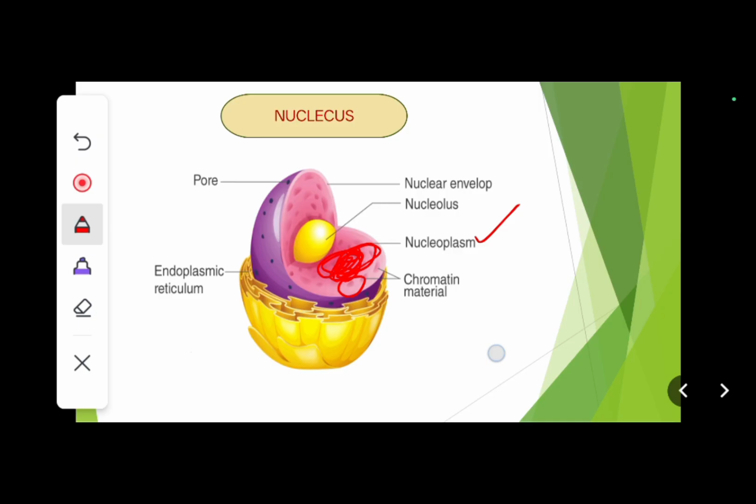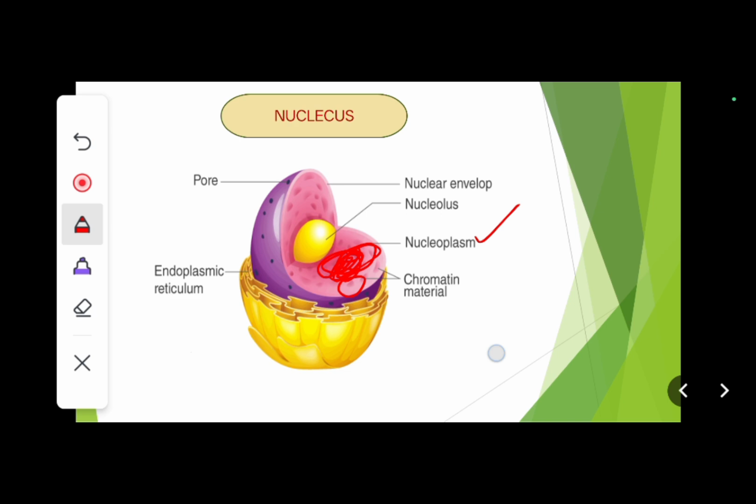Nuclear envelope: I already told you it is the covering of the nucleus. And the pore is for the transportation of mRNA from the nucleoplasm to the cytoplasm, and of all the molecules which are transported through the nuclear pore complex.